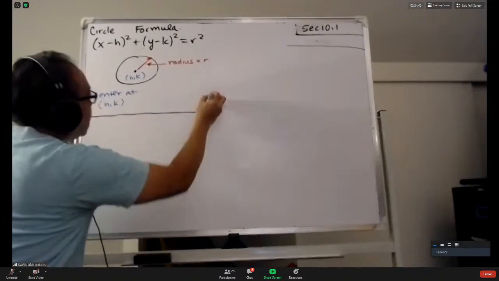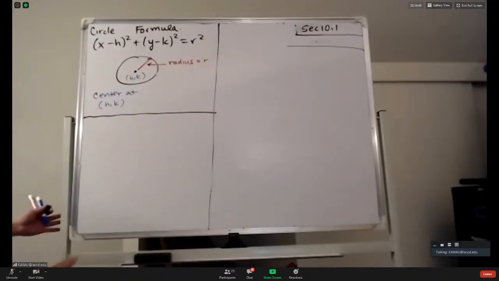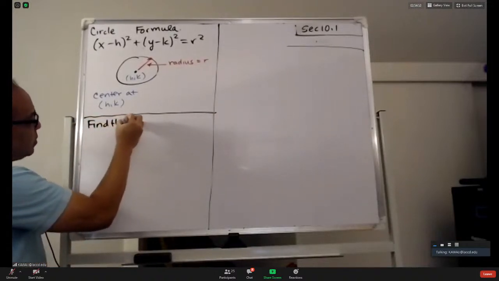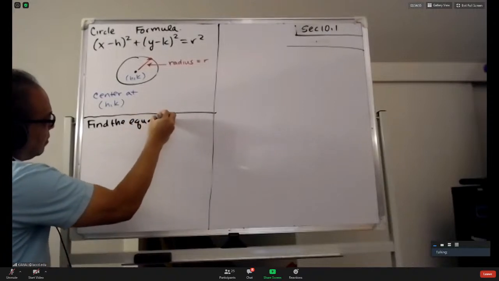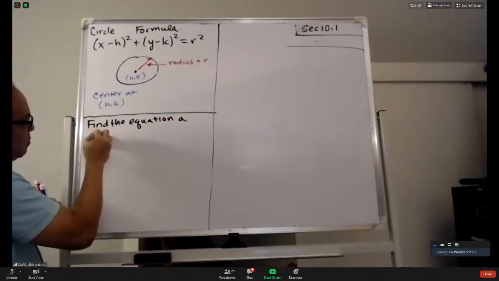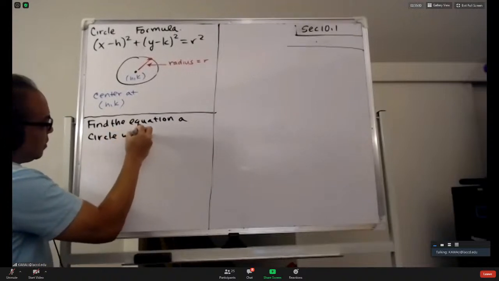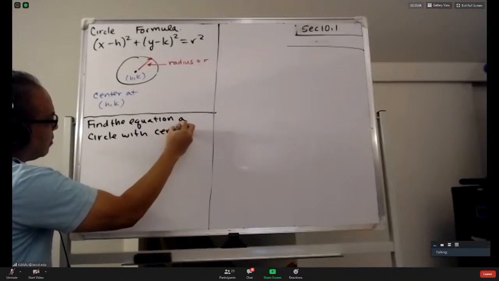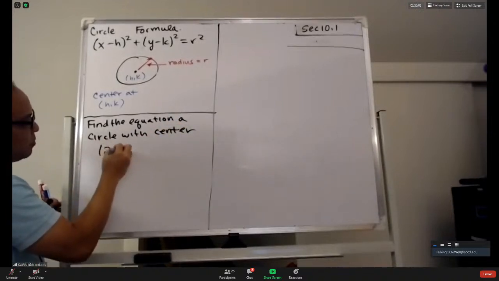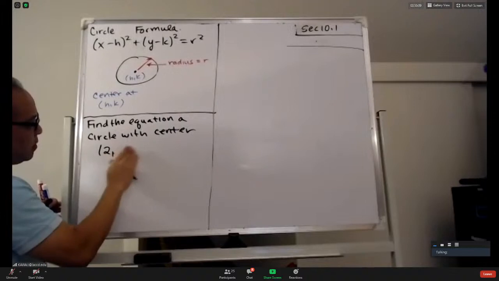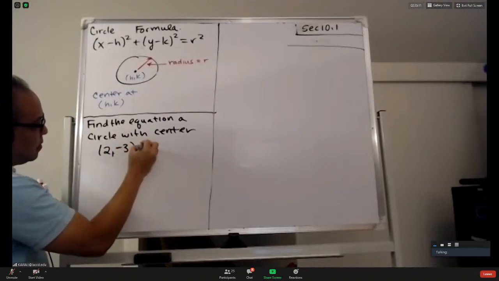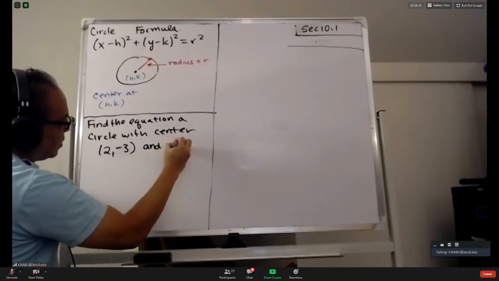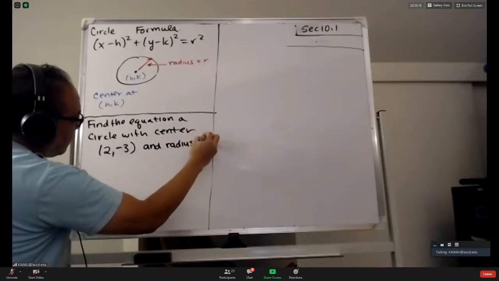Okay, so let's do an easy one. Find the equation of a circle with center (2, -3) and radius equal to 4.